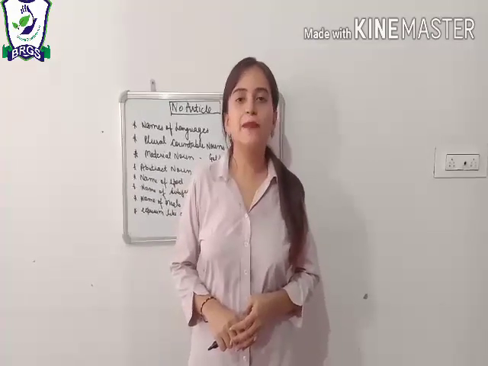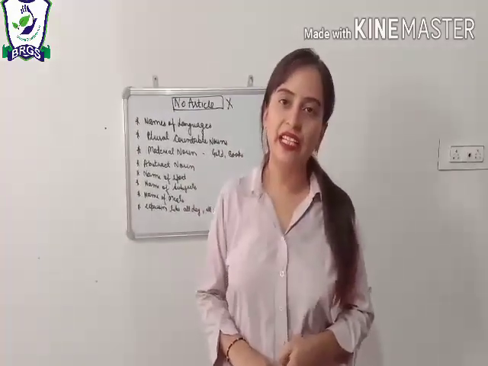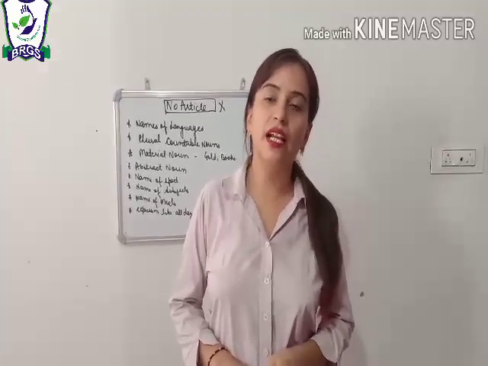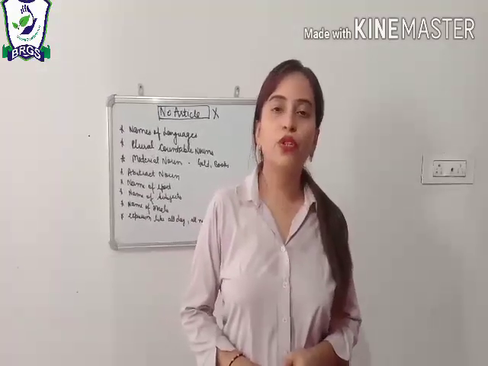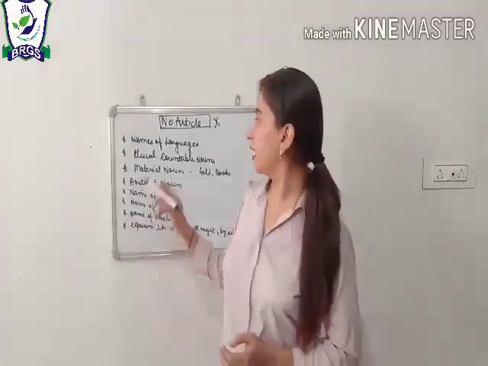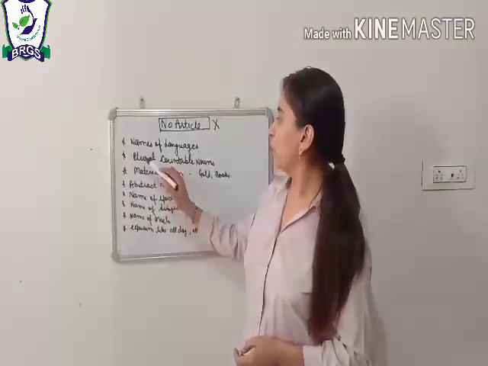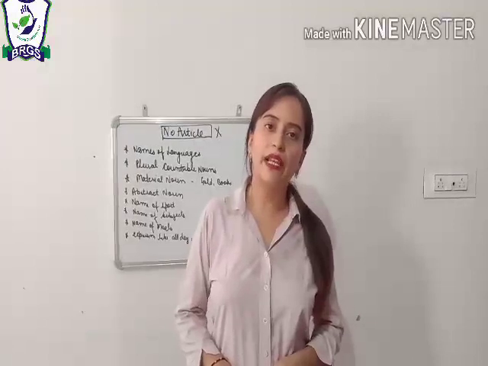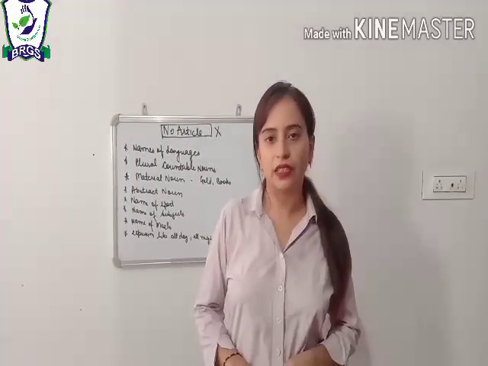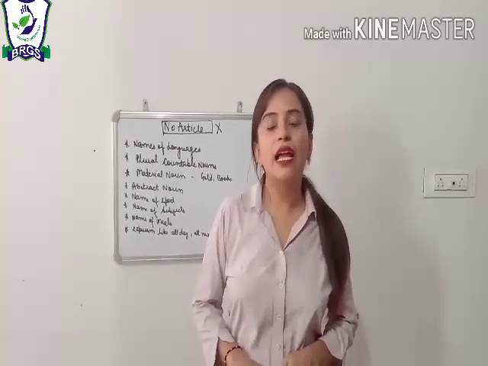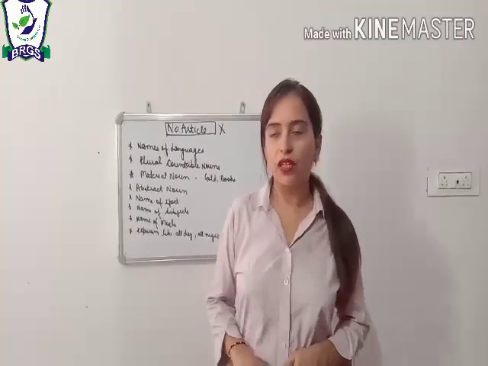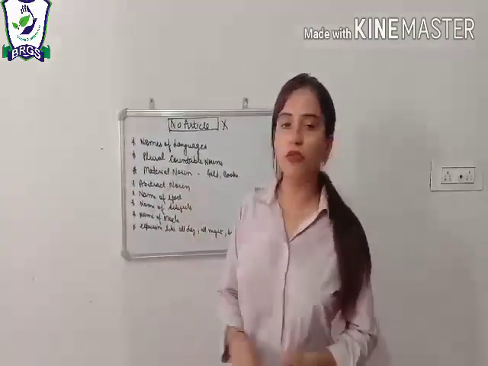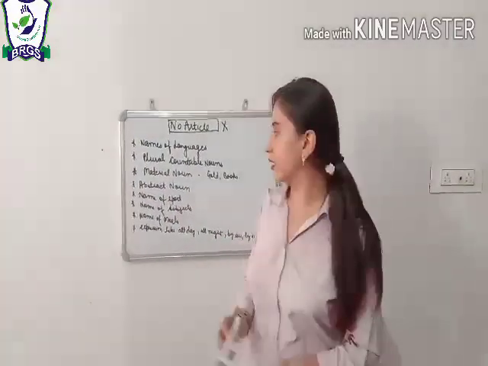We can't say we speak a Hindi, we speak an Hindi, or we speak the Hindi at home. No, we don't use any article with any language. Plural countable nouns. For example, apples are grown here. We don't say the apples are grown here. With plural countable nouns, we don't use any article.